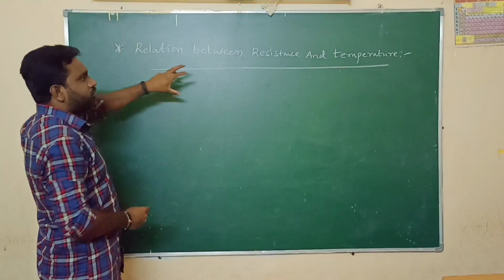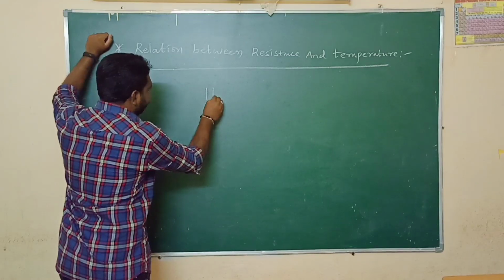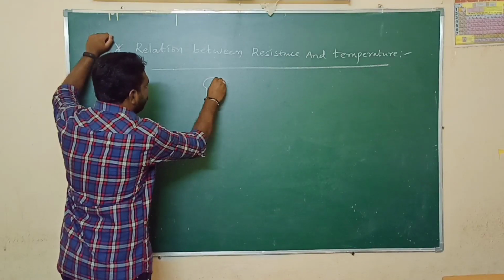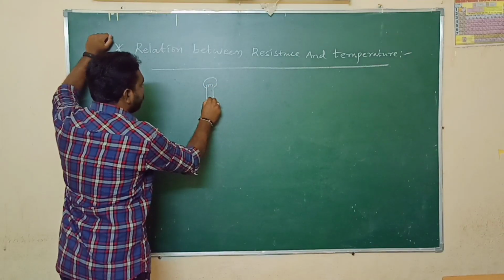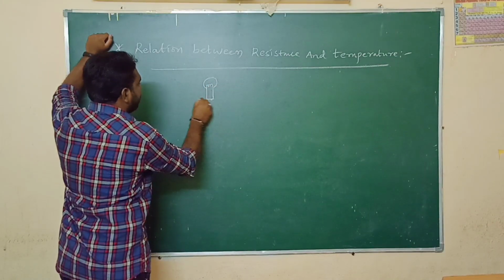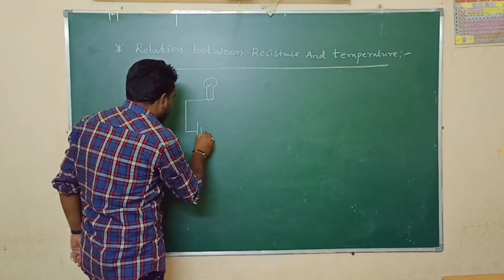So now I am going to construct the circuit diagram. This is the circuit diagram of this circuit here. In this circuit, we are considering one electric bulb. These are the terminals of the electric bulb, and we are connecting the electric bulb to the cell.